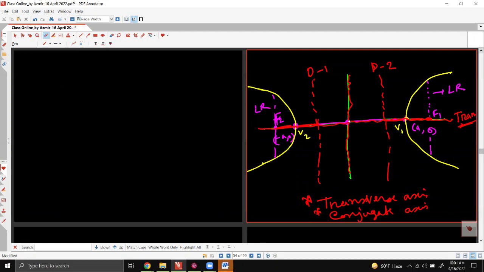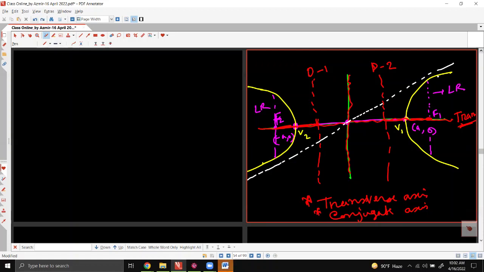hyperbola have asymptotes. Asymptotes are lines that are looking like this. That means at infinity distance, we can think that this line and this yellow color curve are touching each other, but actually they are not touching.